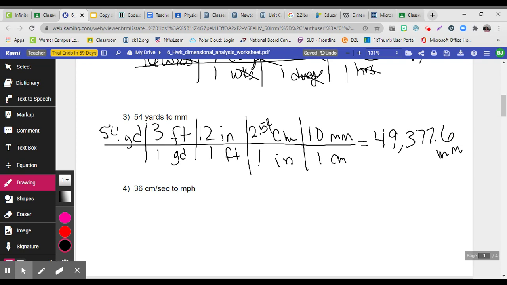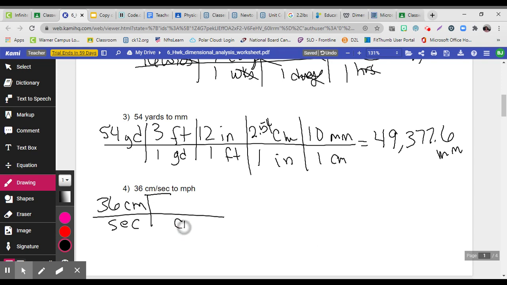Number 4 is a little bit different. See, in number 4, we're actually going to a derived unit. So we want to start with 36 centimeters per second, and we want to go to miles per hour. So not only do we have to convert the distance, we also have to convert the time. In this case, we'll start with centimeters.